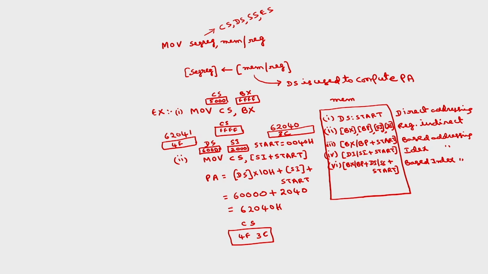From the segment register also we can load the contents into memory or register: move memory slash register from segment register. No need to explain this, it is obvious; it is the reverse operation. So these are the different move instructions present in 8086 under the data transfer group, and the next instructions I am going to take are the load instructions.